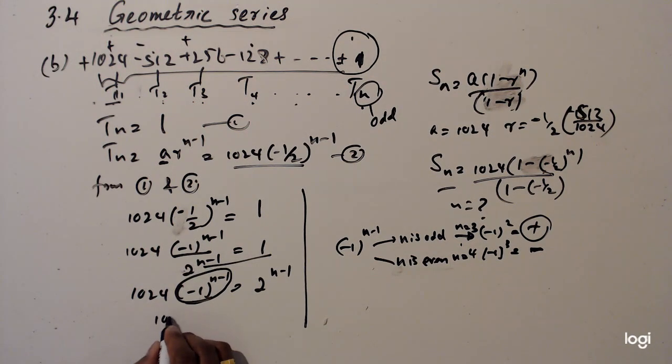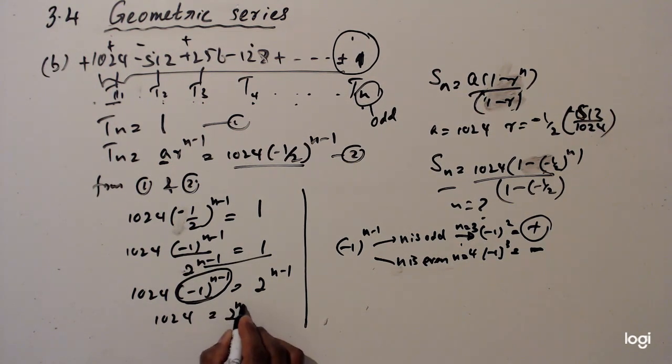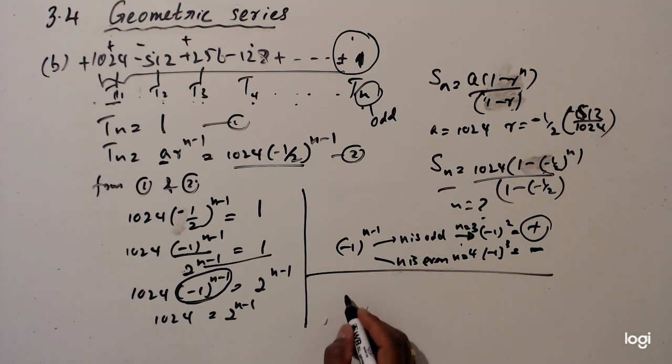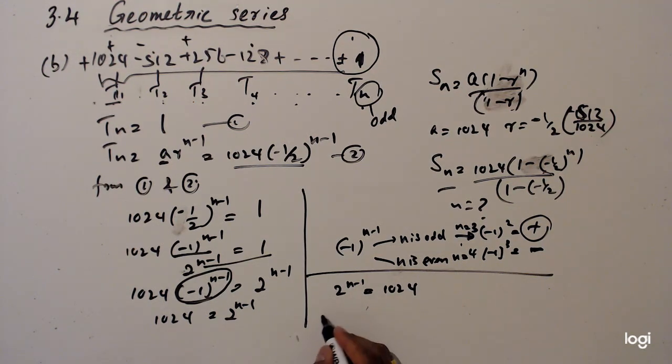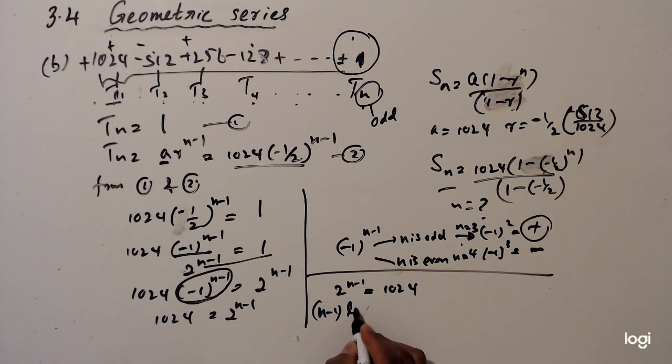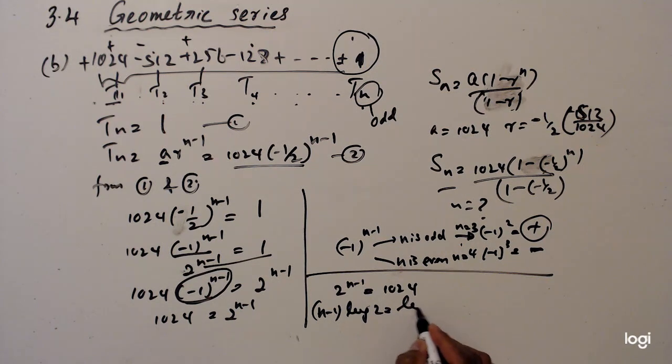Hence, I can write 1024 equals 2^(n minus 1), or 2^(n minus 1) equals 1024. Then let's apply log. So (n minus 1) times log 2 equals log 1024.